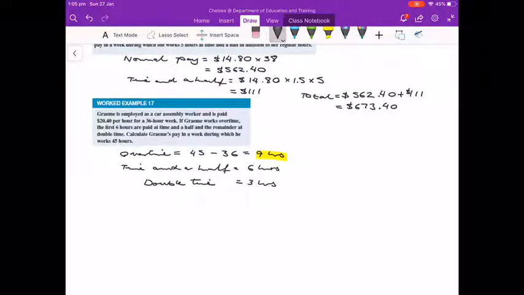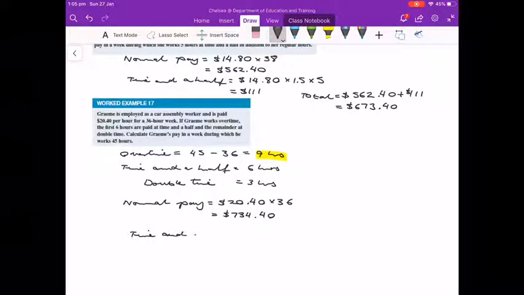So let's go through his pay. His normal pay: he earns $20.40 and he works a 36-hour week. Graham earns $734.40 normally. He is then entitled to 6 hours at time and a half.